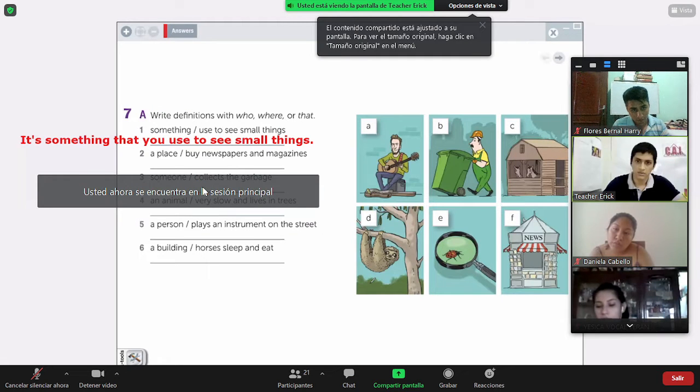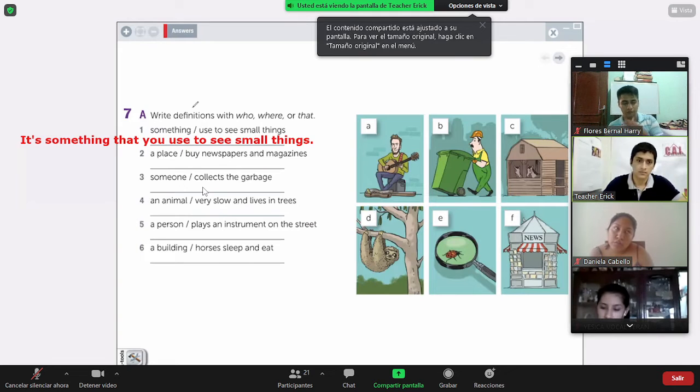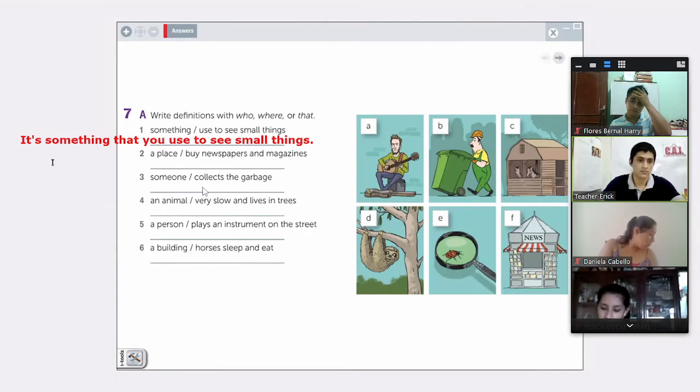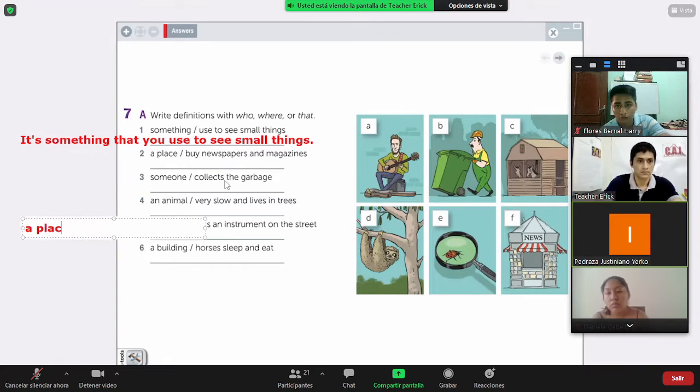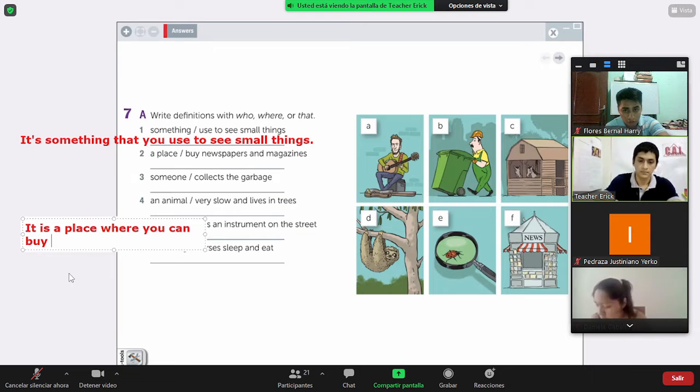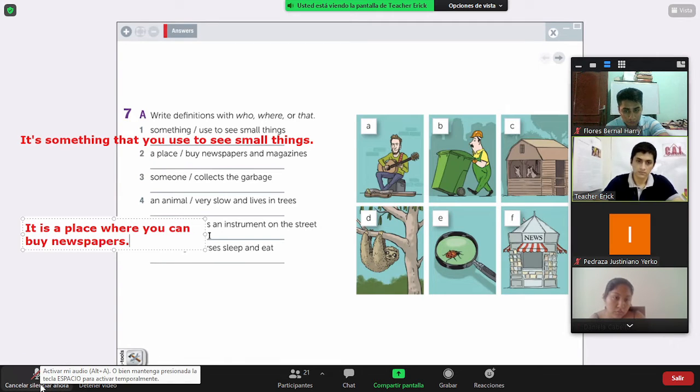Aida or Jerko. Number 2, please. It is a place where you can buy newspapers and magazines. Okay, where you can buy newspapers. Yeah, so it's correct.